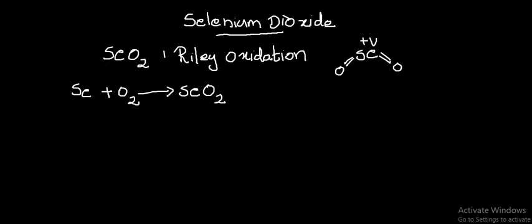And what is the structure of selenium dioxide? SeO2. Here Se is in the plus 4 oxidation state, and selenium dioxide is a white crystalline substance.